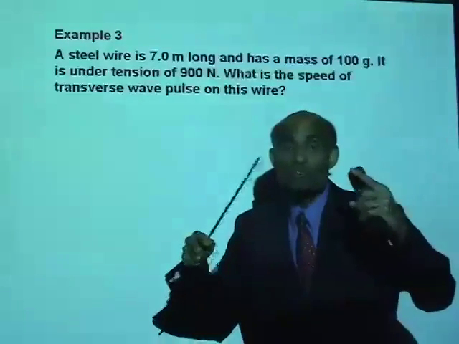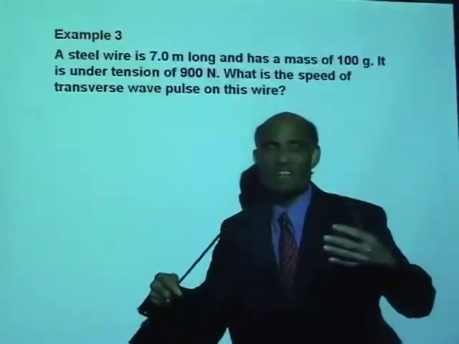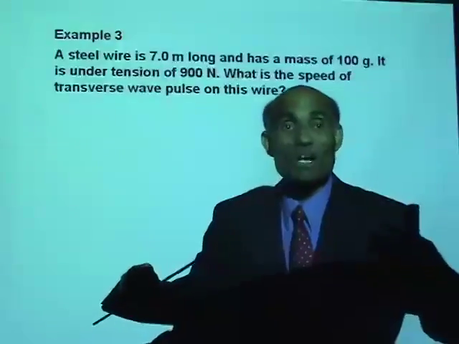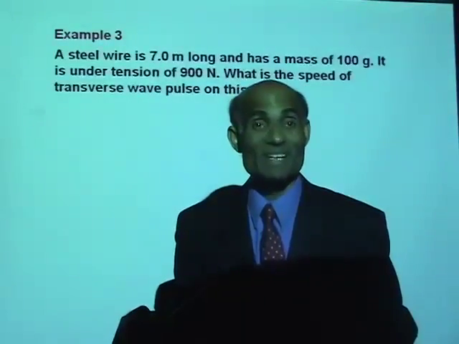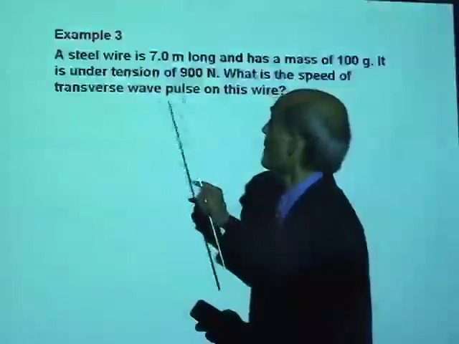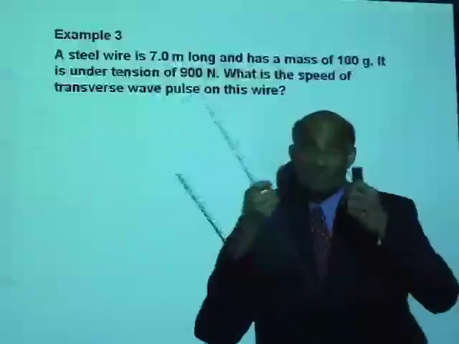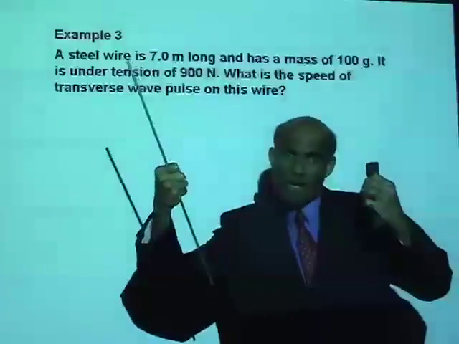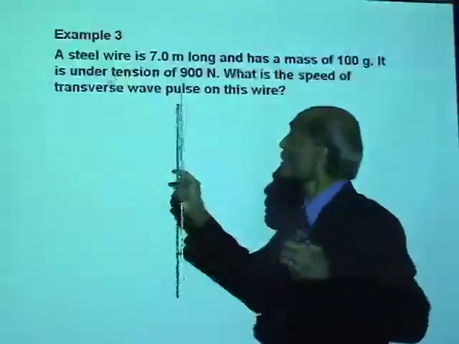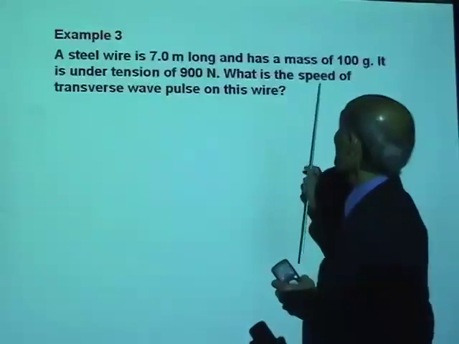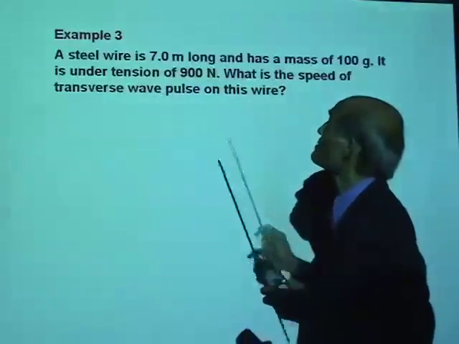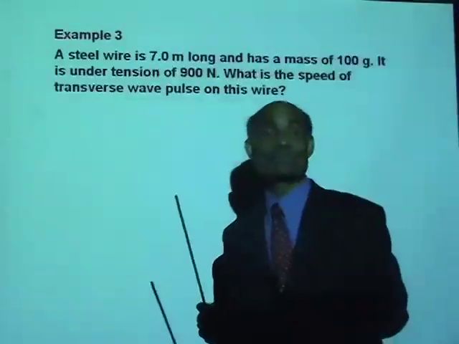Can you use those two quantities to calculate the mass per unit length? Yes, you can. Alright, it is under a tension of 900 Newton. It is stretched by using a force of 900 Newton. What is the speed of transverse pulse on this wire?